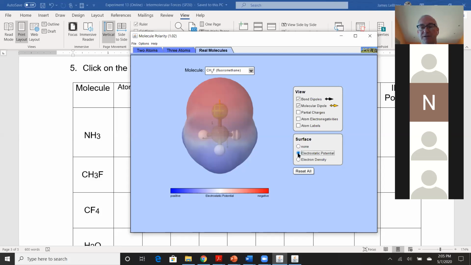So then ask yourself, what sort of intermolecular forces could this molecule engage in? Do you figure that this would boil at a lower temperature or a higher temperature than ammonia, the last one we looked at?